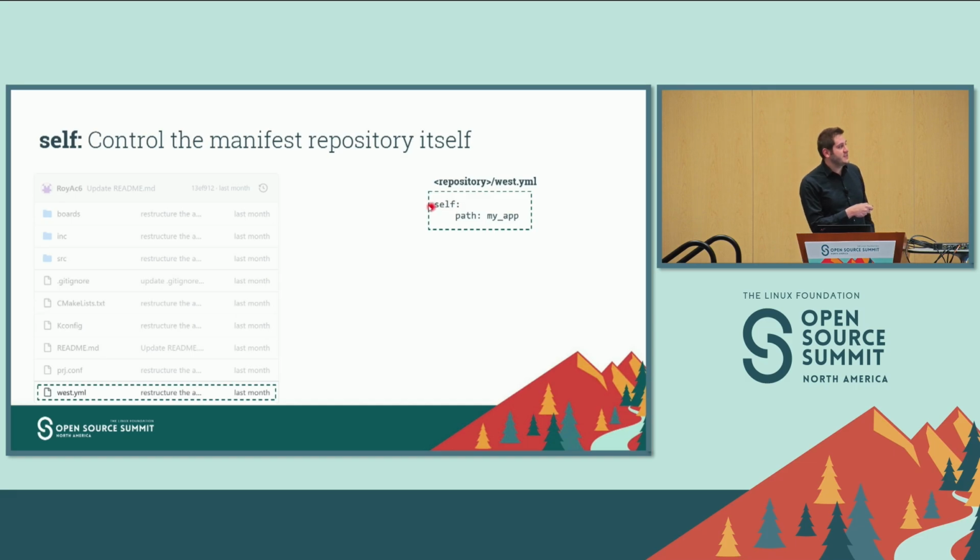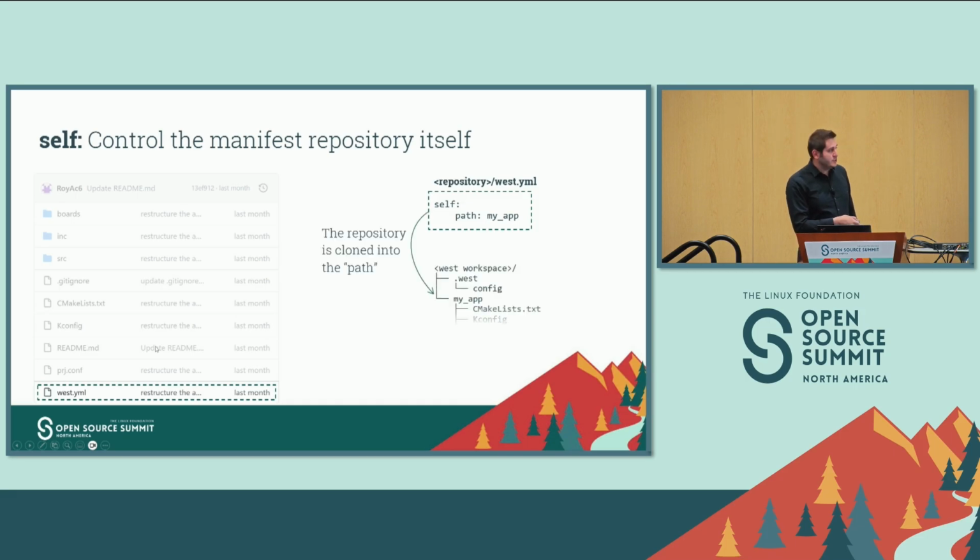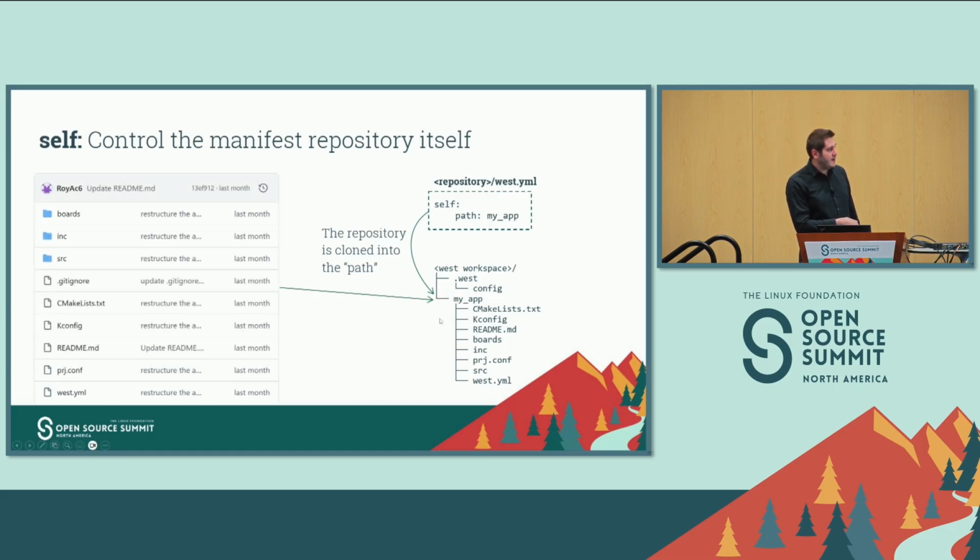Among them we have self path my app. When I do this, Zephyr is going to understand that whatever I have in this repo, it needs to clone into this folder that's called my app.